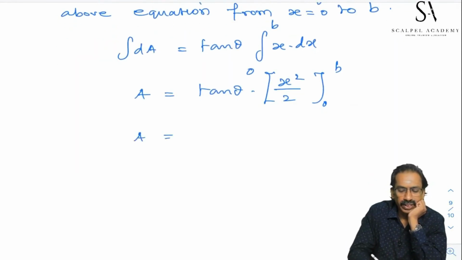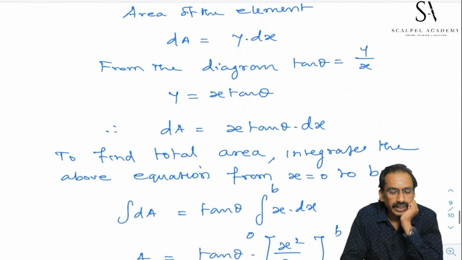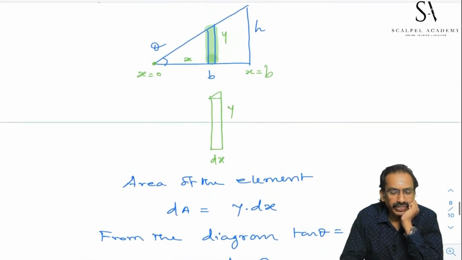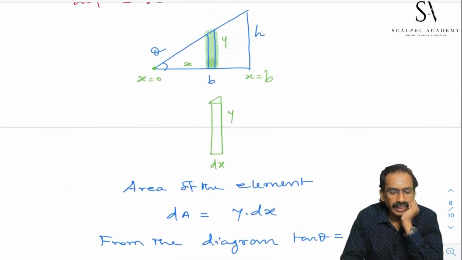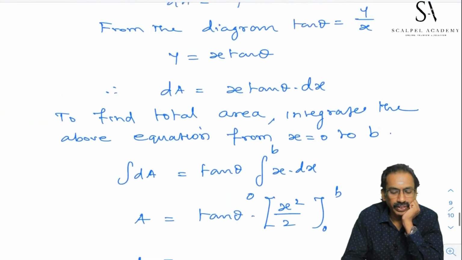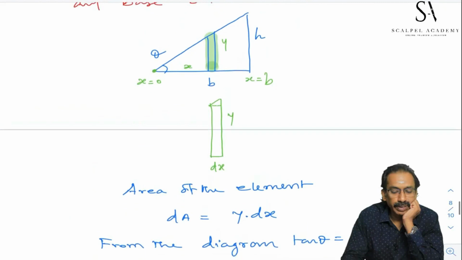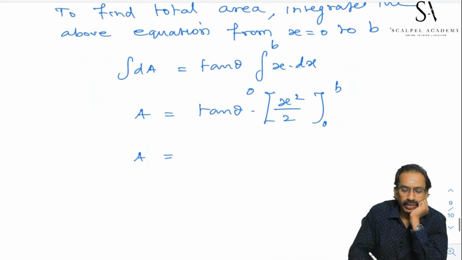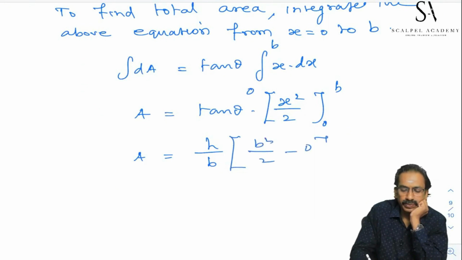From the triangle, again you can take tan theta. If you take the whole triangle, tan theta is equal to h by b. Sorry, h by b, into b squared by 2 minus 0.